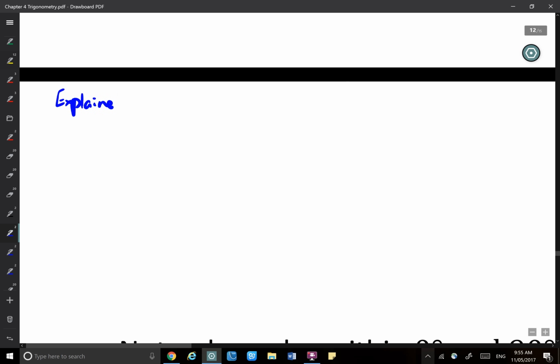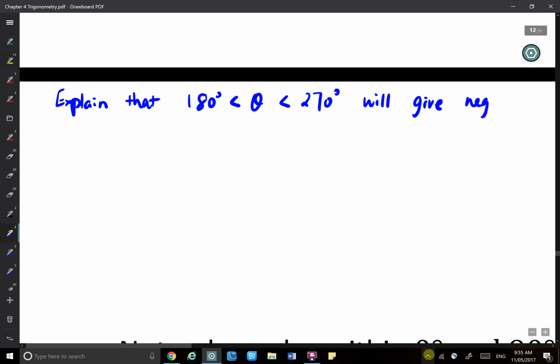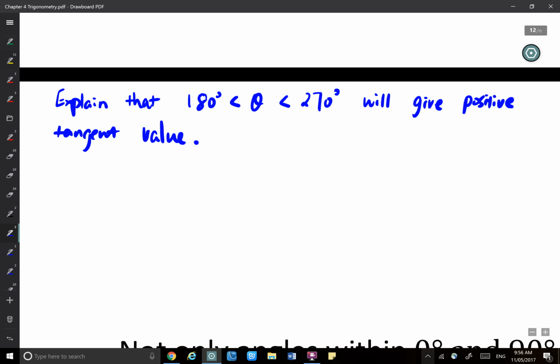Explain that if theta is between 180 and 270 degrees, the tangent value will be positive.